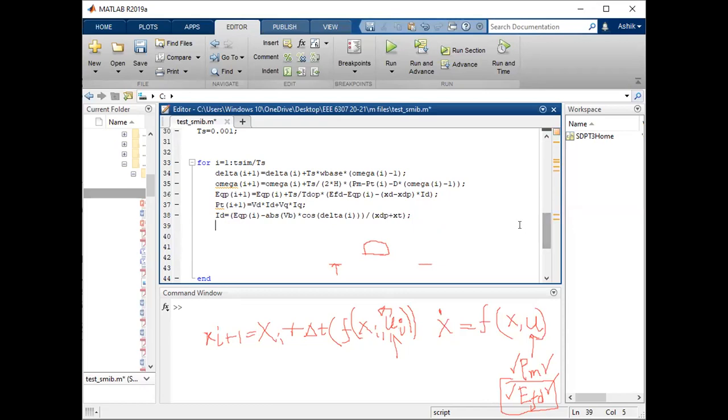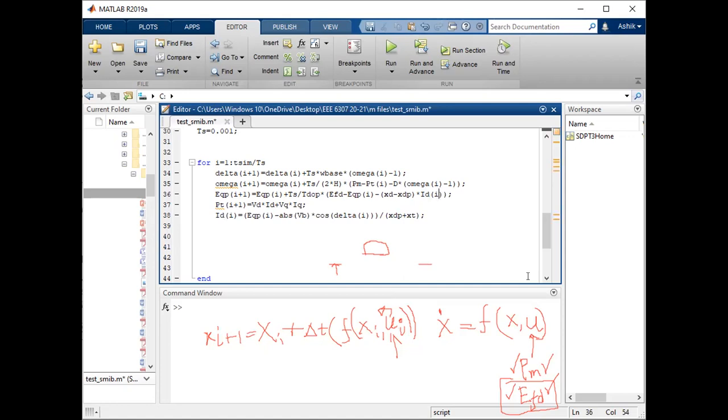So now tell me, should ID be indexed or not? This is the expression of ID in terms of state variables and constants. Because the right hand side is indexed, the left hand side should also be indexed. So that means here in the expression of EQ prime, ID should be indexed.